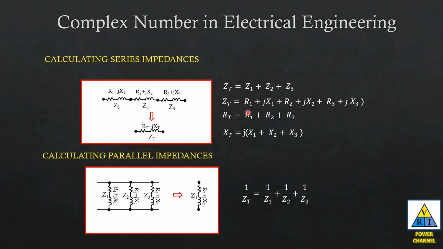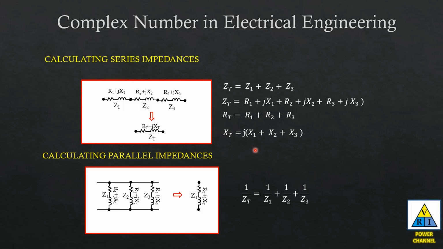ZT is equal to R1 plus jX1 plus R2 plus jX2 plus R3 plus jX3. Then we have RT is equal to R1 plus R2 plus R3, and XT is equal to j times X1 plus X2 plus X3.